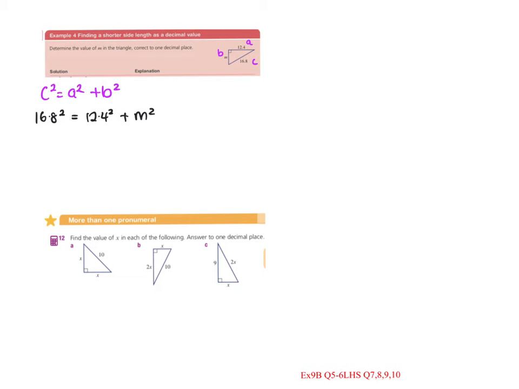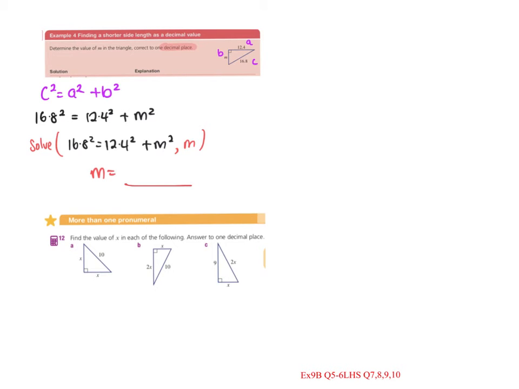Then at that point, you can use solve in your calculator. What do I need to do, comma what? Comma m, good. And we'll get an answer for m. Now, it says 1 decimal place, so we'll have to be careful when we do that.